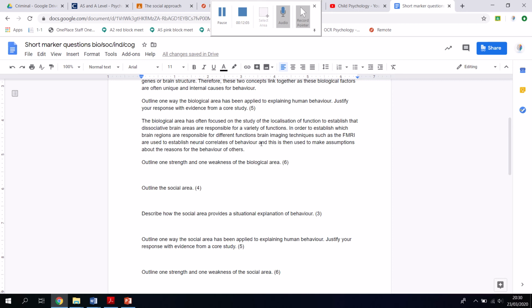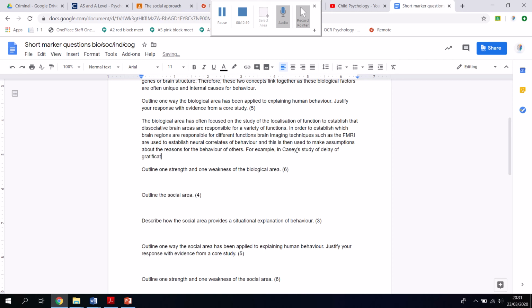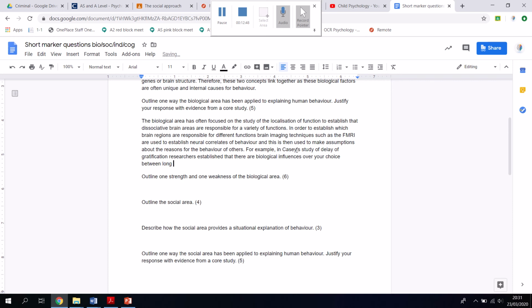So I will then likely say that, for example, in Casey's study of delay of gratification, researchers established that there are biological influences over your choice between long-term rewards and short-term rewards.